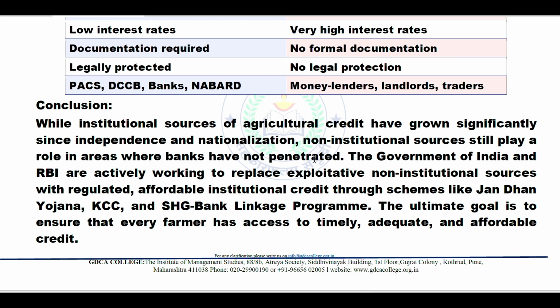The government of India and the RBI are actively working to replace exploitative non-institutional sources with regulated, affordable institutional credit through schemes like Jan Dhan Yojana, KCC, and the SHG Bank Linkage Program. The ultimate goal is to ensure that every farmer has access to timely, adequate, and affordable credit.